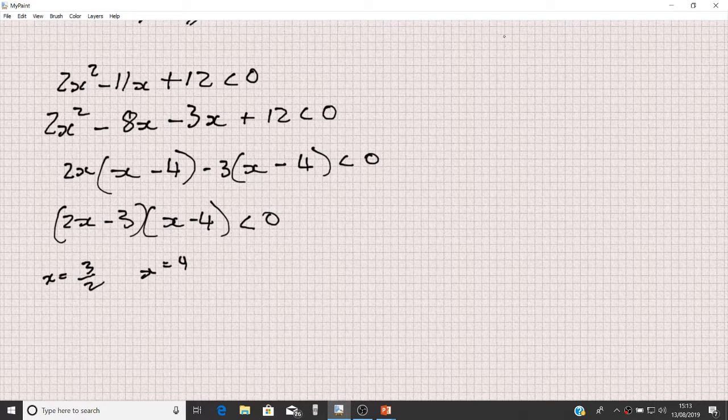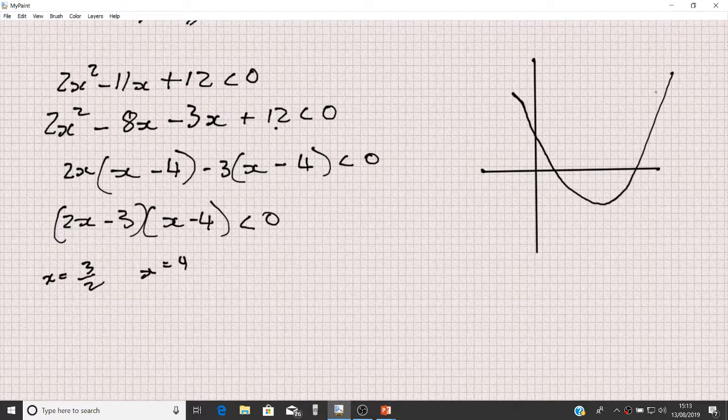So if I was to quickly sketch the quadratic, do it over here, the quadratic is going to maybe look a bit like this, and the values we're interested in are positive 3 over 2 and positive 4.